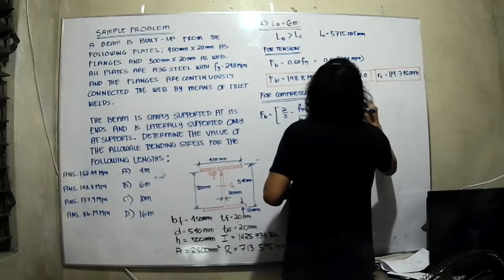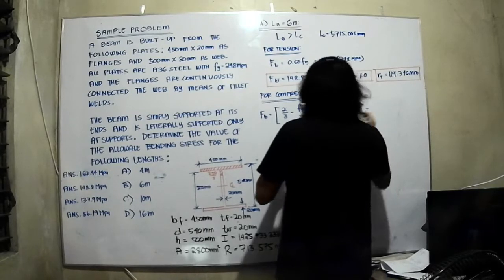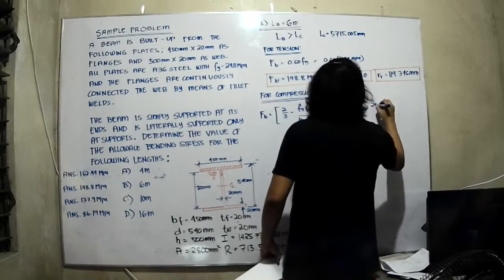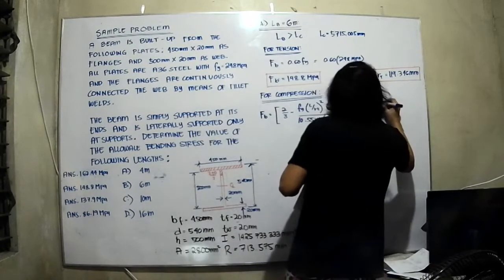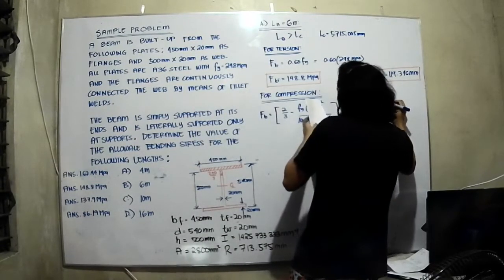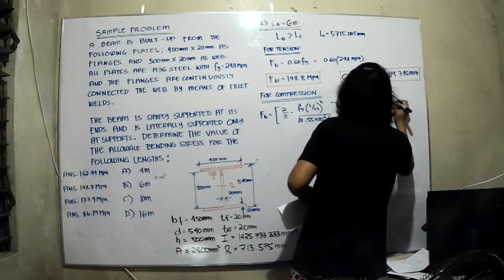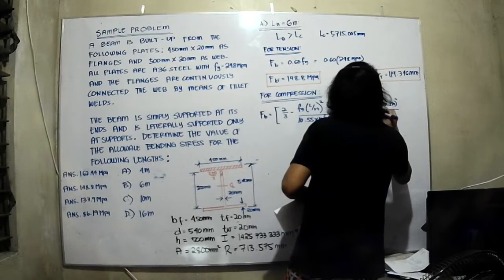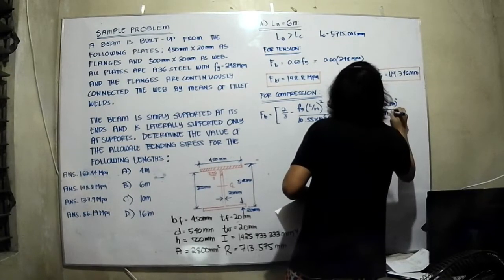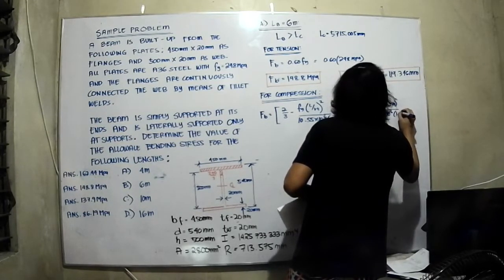This is actually equal to 2/3 minus 248 multiplied by 50.274 squared divided by 10.55 times 10 to the power of 6. CB is equal to 1.0.